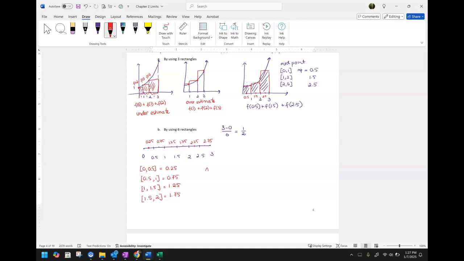So then the area equals 1/2 times f of 0.25 plus 1/2 f of 0.75 plus 1/2 f of 1.25.